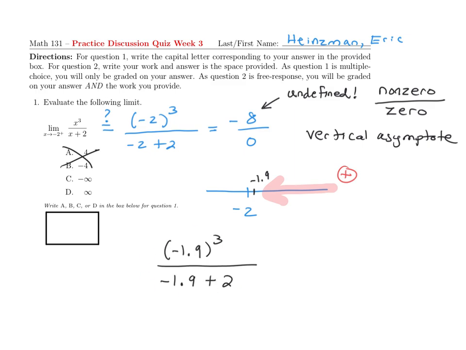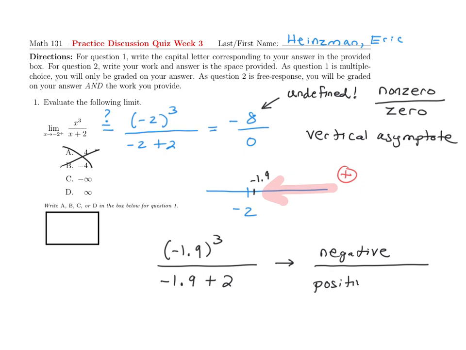Now this is a real number, and all I care about is: is it big and positive or big and negative? So the top is a negative number cubed, so I'm just going to note that in this fraction, the top is negative. I don't even care what the number is, but I do know that it is a negative number. Same thing for the bottom. -1.9 plus 2 is 0.1, so that's positive.